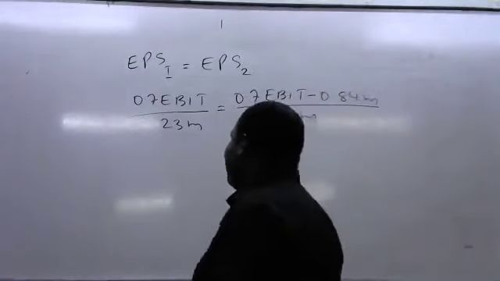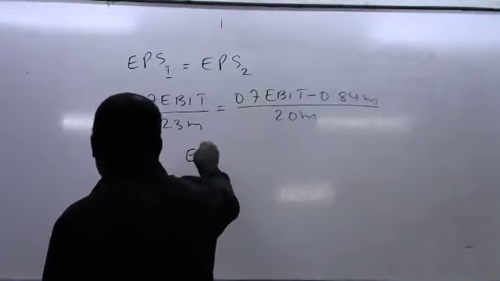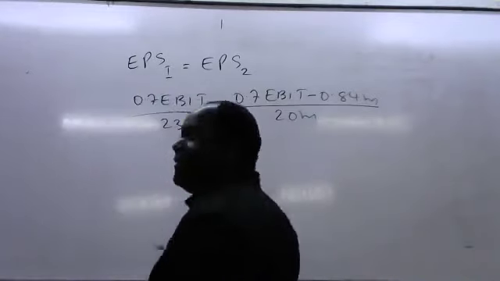So when you cross multiply, what should be your earnings before interest and tax?